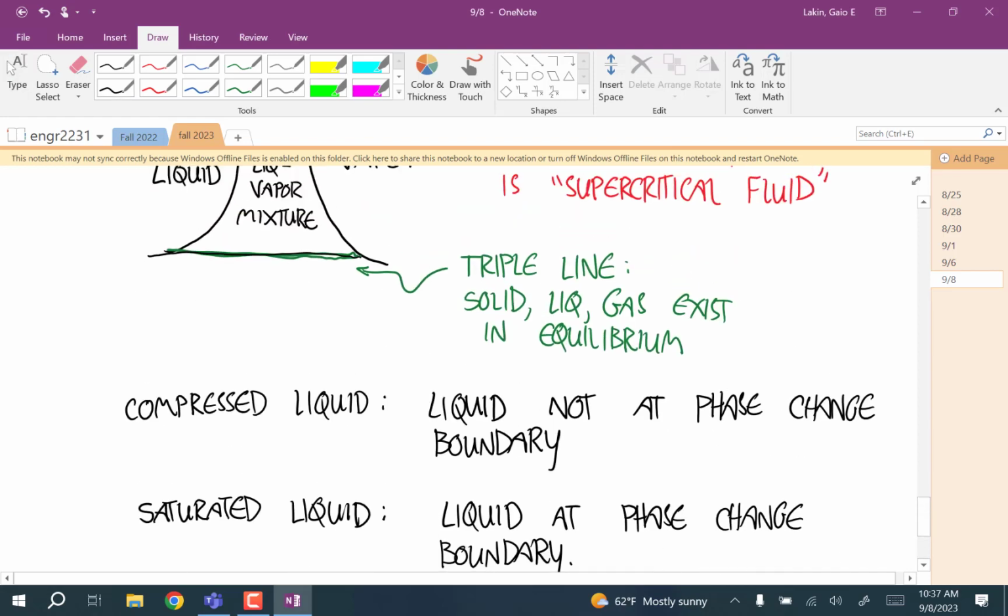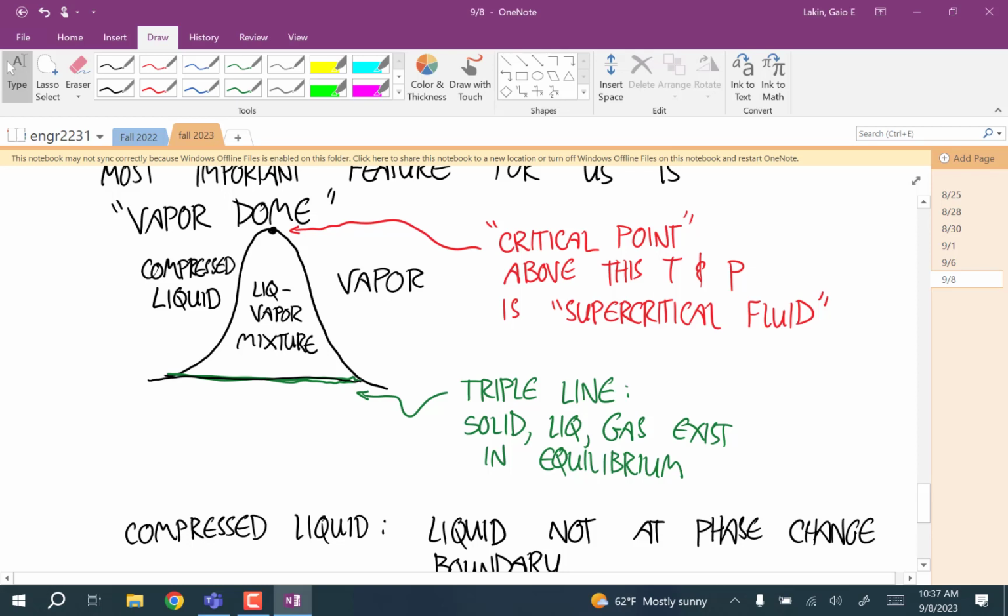Okay, so if you look at the vapor dome, here, it's a vapor, you remove energy, it gets to this boundary. If it's on this side of the vapor dome, it's still all vapor, but if you remove any more energy from it, you start to get a mixture of liquid and vapor until you remove so much energy that it's all a liquid on this phase change boundary.